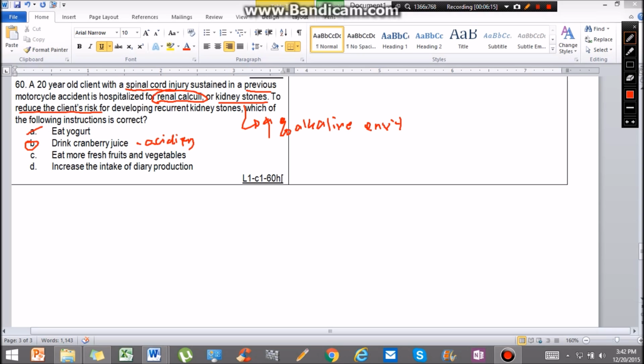Now remember, A and letter D are both high in calcium. Therefore, this calcium can cause kidney stone formation. Letter C, fresh fruit and vegetables, are not advisable because they promote alkalinity of your urine. Therefore, the best answer is Boston. It will acidify the urine. Acidity, less stone formation.